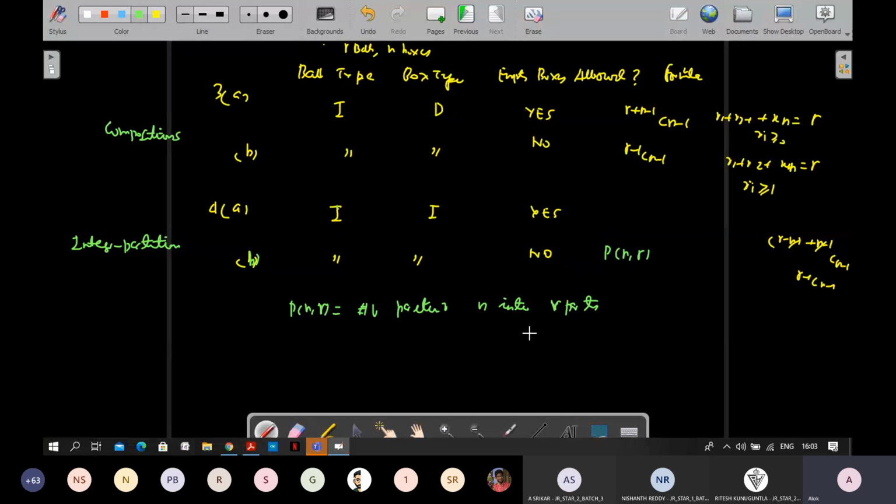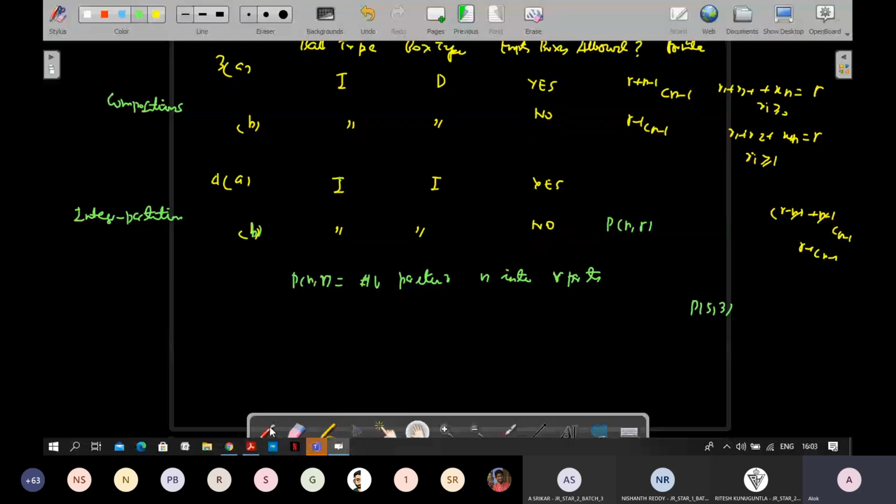That means, if you take P53, or the number of ways to write n as a sum of r positive integers, not non-negative, because for r parts you want r positive integers.